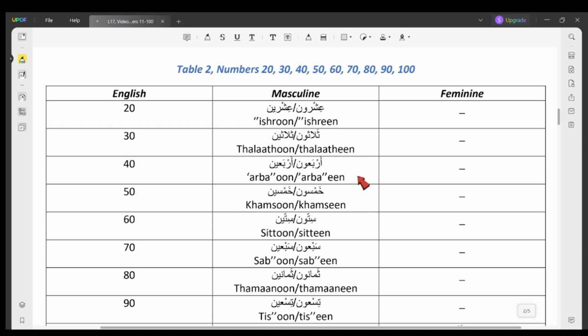Now let's look at 40. أربعون or أربعين. Again, the number أربع, which means 4, plus un or in.